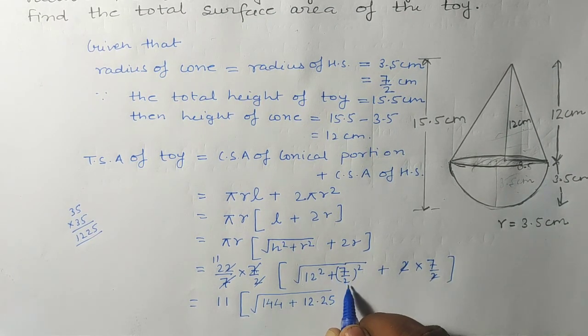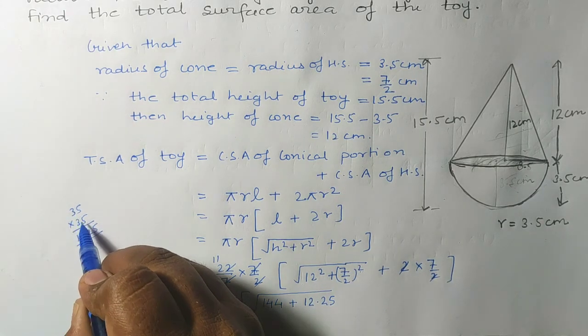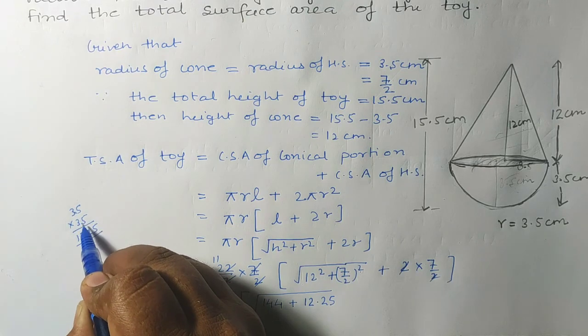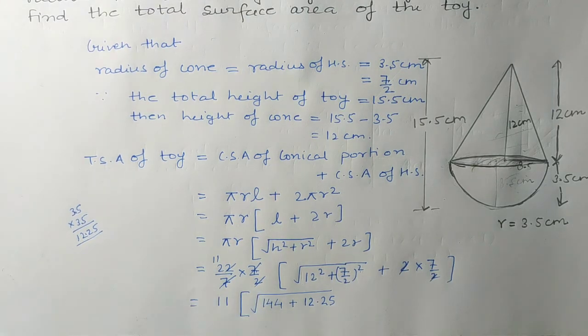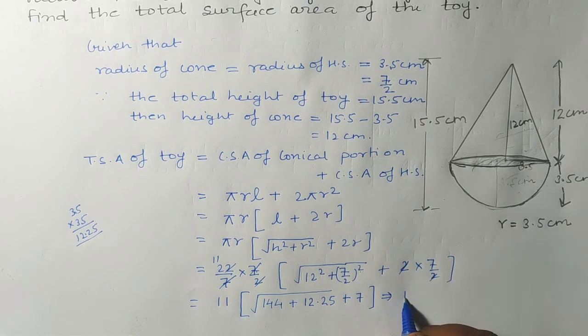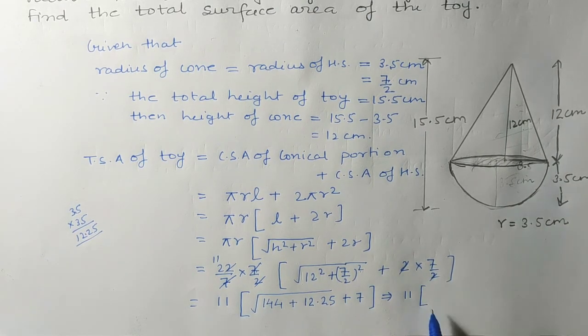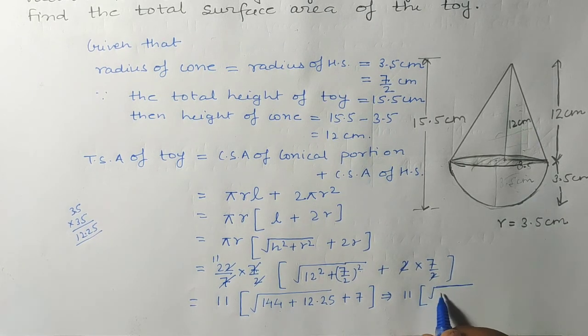Why? Because 7 by 2 means 3.5, so you multiply 3.5 into 3.5, that will be 12.25, plus 7. After that it is 11 in the bracket, 144 plus 12.25, under a square root.